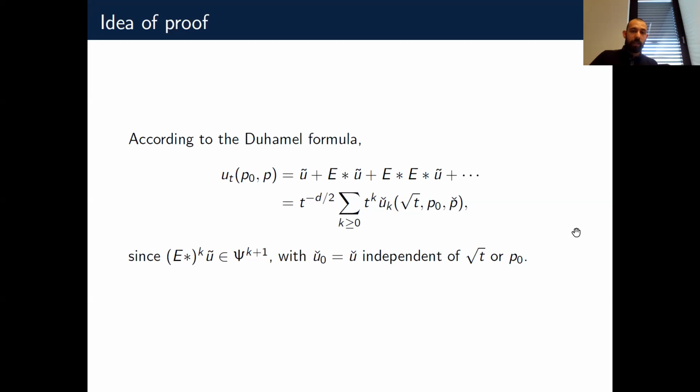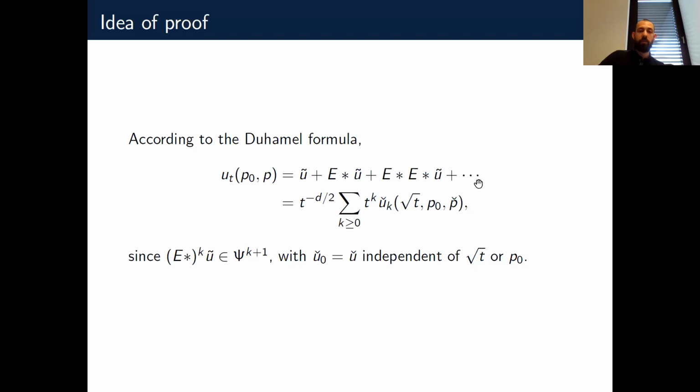And so what you can do is you apply the German formula. Again, this one is in psi 1, this one in psi 1, this one in psi 1, so this is in psi 2. So psi 1, psi 1, psi 1, so you can sum it, and it's in psi 3, psi 4, psi 5, etc. And so since this regularity index increases, in fact, this is going to converge, right?